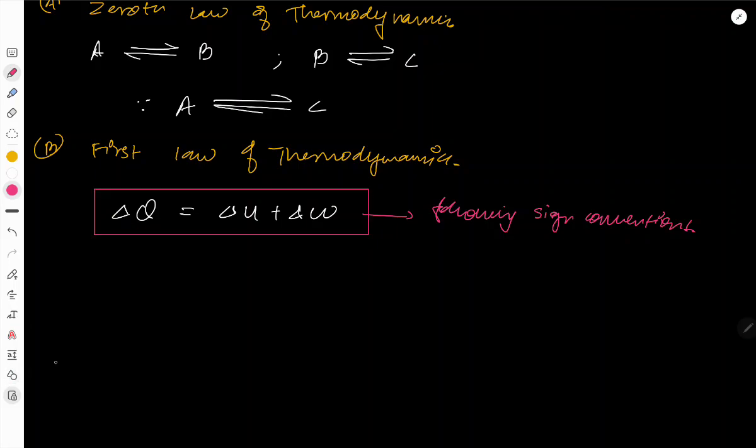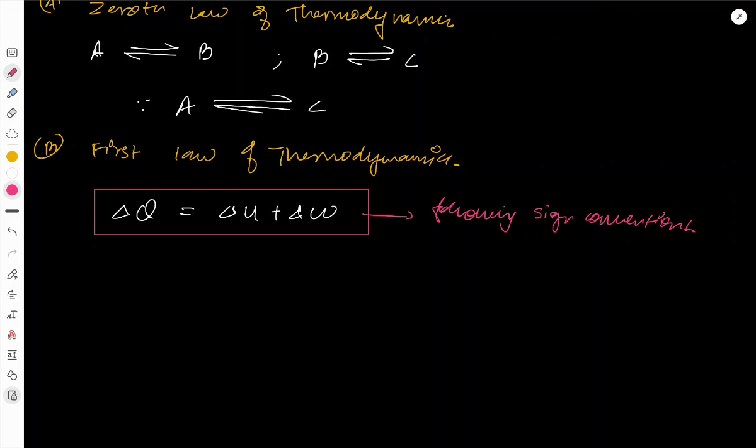So yes, this is our first law of thermodynamics, which states that the change in the heat would be equal to the summation of change in internal energy and the work done in reaching the final state of the particular system.